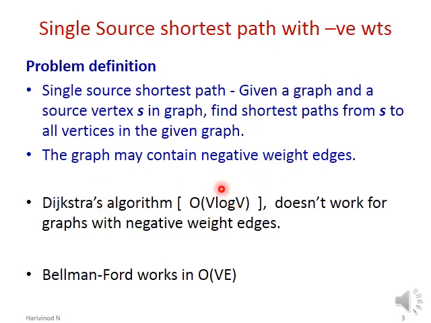Of course, Dijkstra's algorithm works in order of V log V, but it doesn't work for negative weight edges. Bellman-Ford algorithm works for graphs with negative edges also. Order of complexity is big O of number of vertices times number of edges.